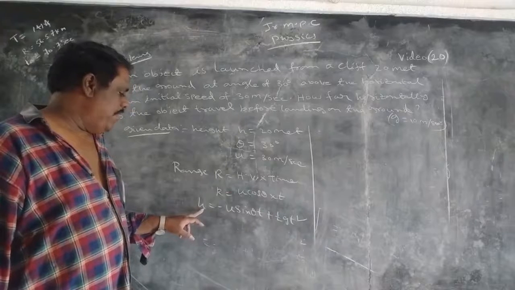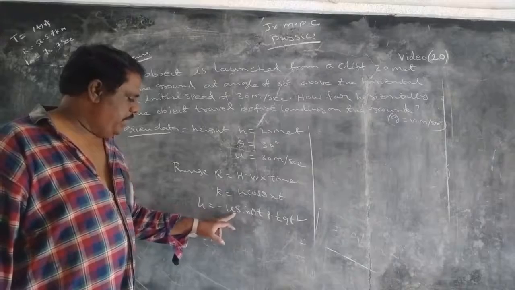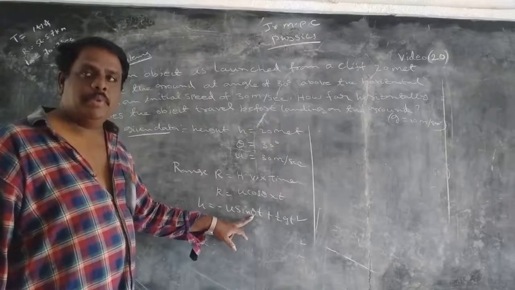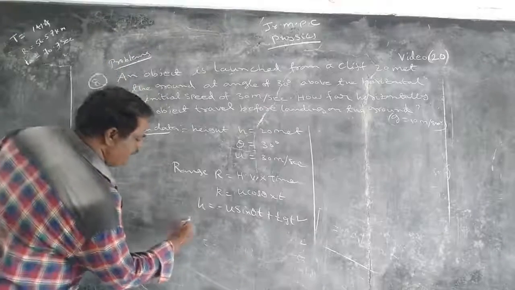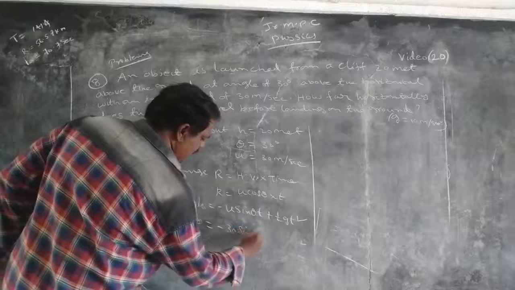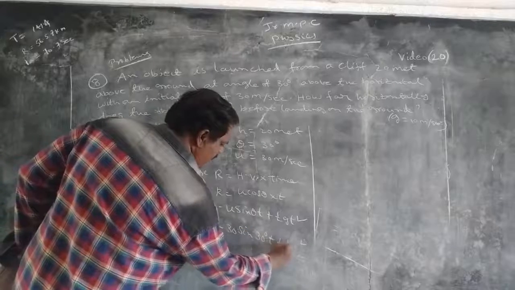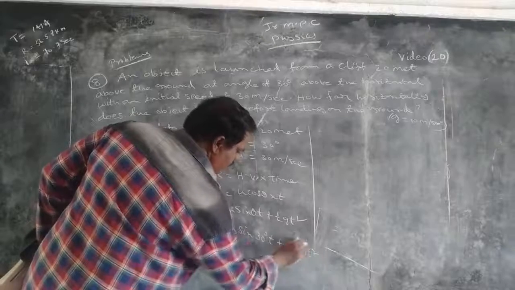So the formula to find t: h is equal to minus u sin theta t plus half g t square, because it is oblique projection. H value they are given, 20, minus u value 30 sin 30 degree into t, plus half of g value 10 into t square.